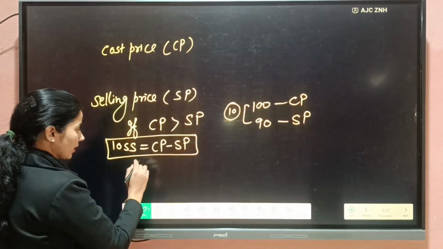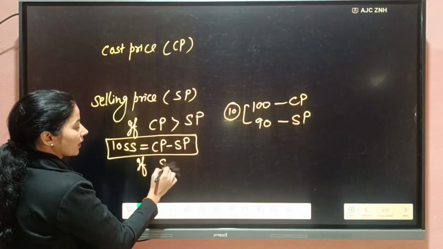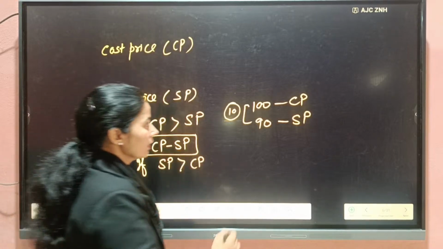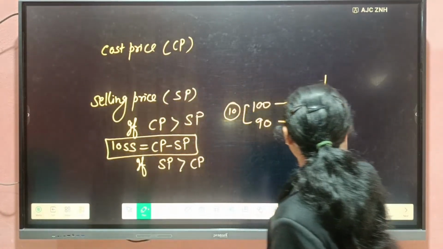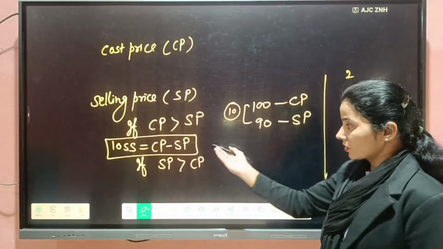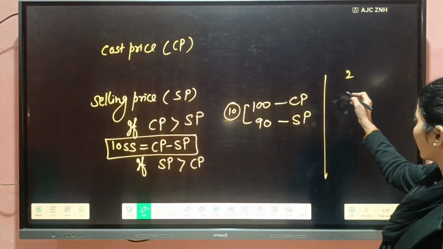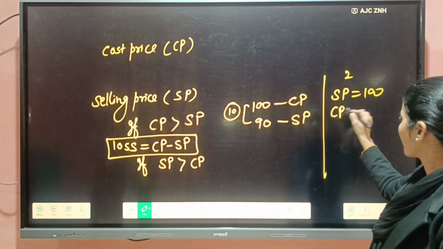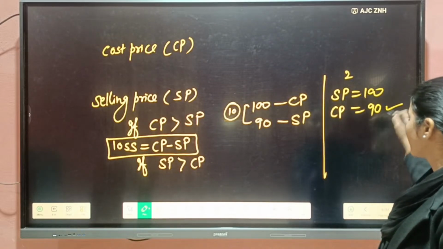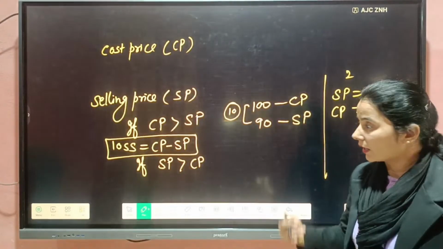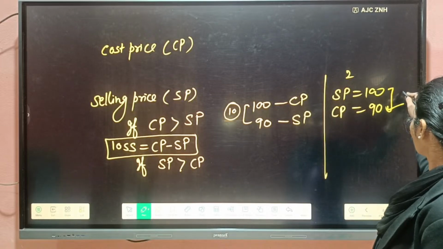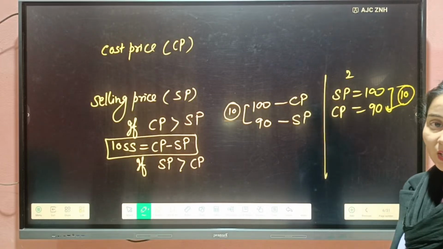And if condition is reverse, like your SP is greater than your CP, now this is for second case. Your selling price is 100 and your cost price was 90. You purchased a book of rupees 90 and you sold it for rupees 100. Then you will gain rupees 10.